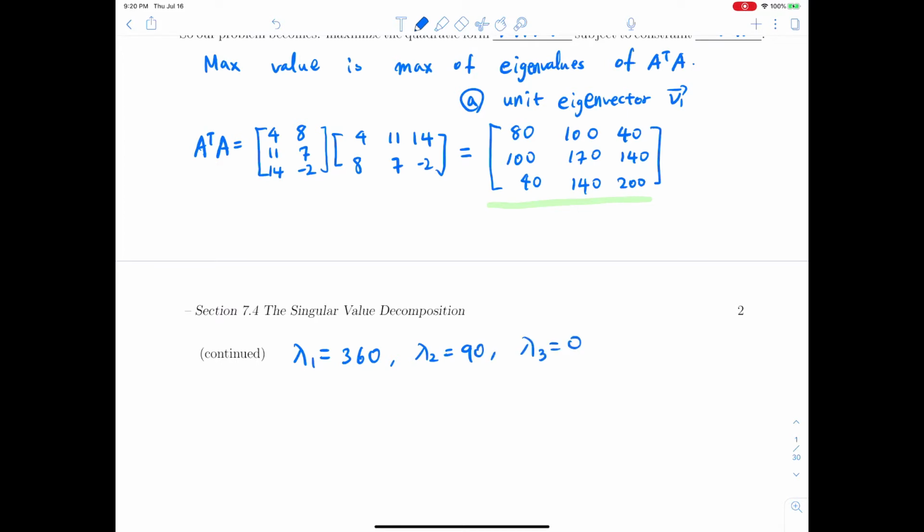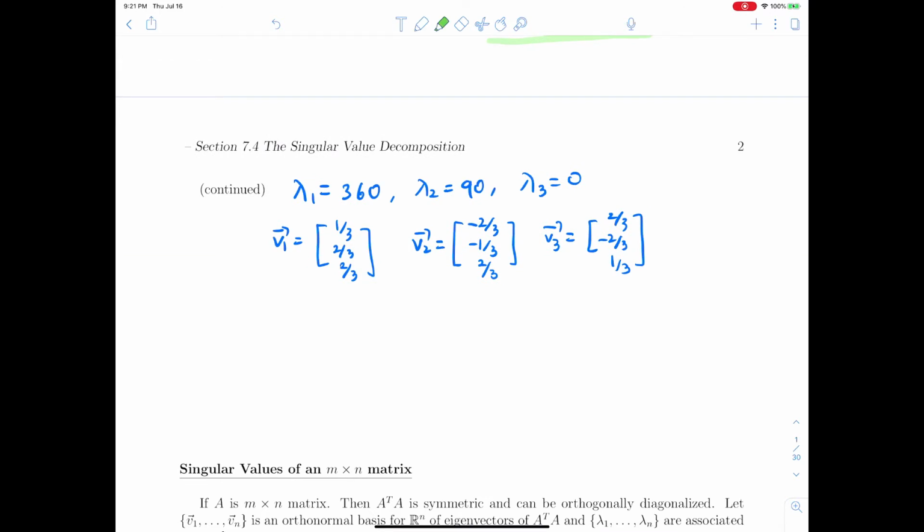The corresponding unit eigenvectors are v1 equals 1/3, 2/3, 2/3, v2 equals negative 2/3, negative 1/3, 2/3, and v3 equals 2/3, negative 2/3, 1/3. We can tell that v1 should give us the maximum value because lambda 1 is the biggest eigenvalue. So Av1 is the point furthest from the origin.